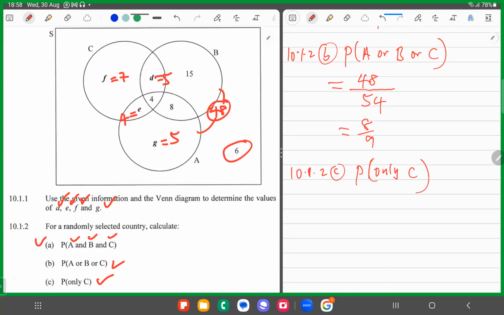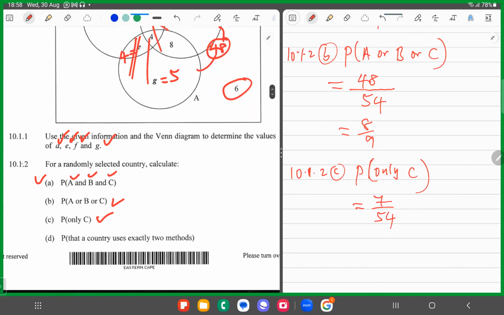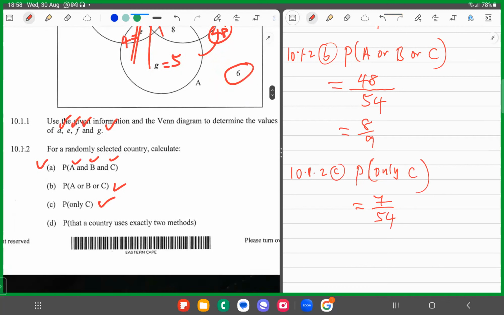What is inside C exactly? Only C, you cut everything else out. Only C is exactly 7 out of 54, and that is the probability of only C.